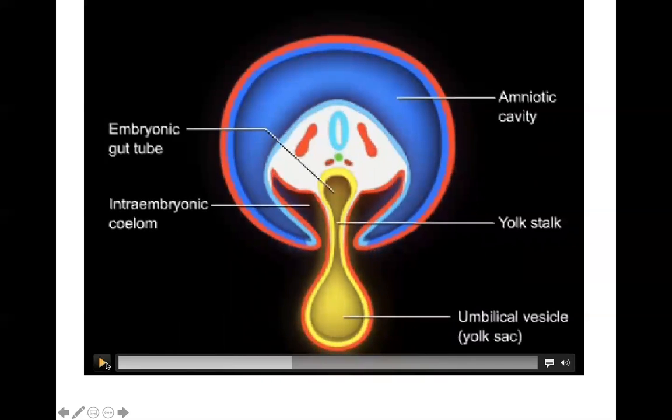So now you've got the gut tube here. This is the neural tube. These are the neural crest right here. And then this amniotic sac now surrounds the entire embryo, right? And this is part of the umbilical cord now.